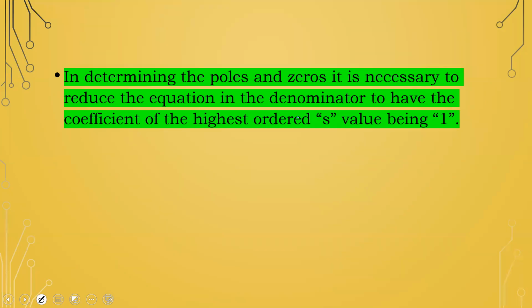So we would make that S cube coefficient 1. If the highest order is squared, then we'll make the coefficient of S squared 1, and so on and so forth. Once you have done that, then you can find the poles and zeros.